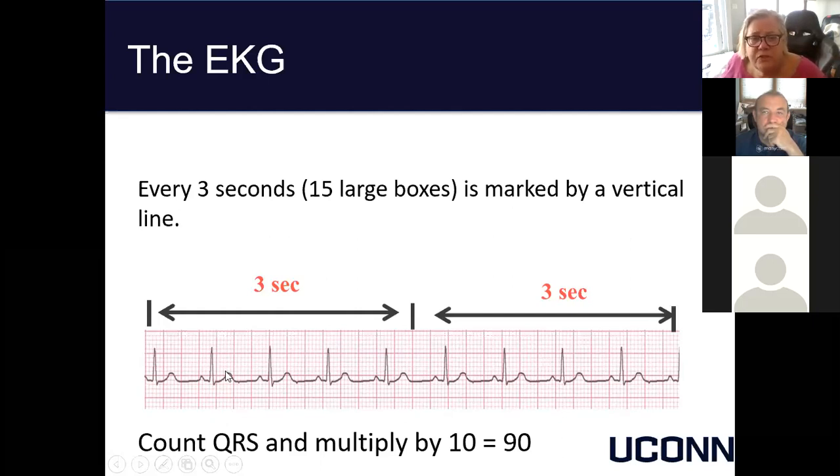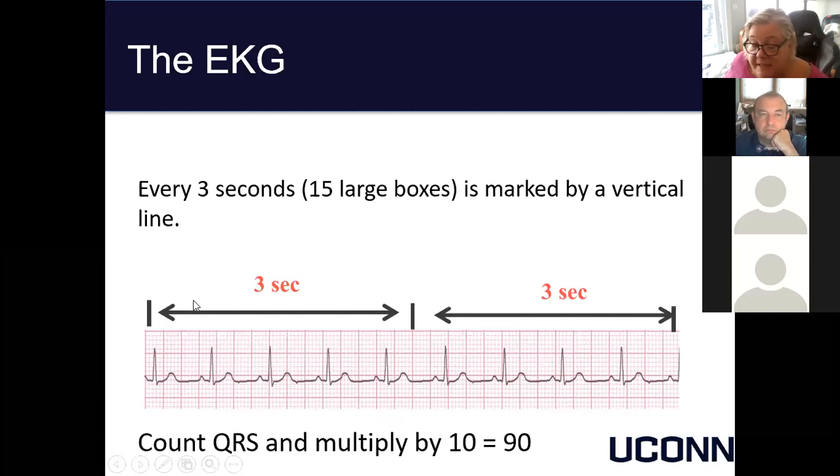One of the ways to do a quick count of the heart rate is, if you have a 6-second tracing, you can count the number of heartbeats within those 6 seconds. For instance, we've got 1, 2, 3, 4, 5, 6, 7, 8, essentially 9 QRS complexes in a 6-second period.